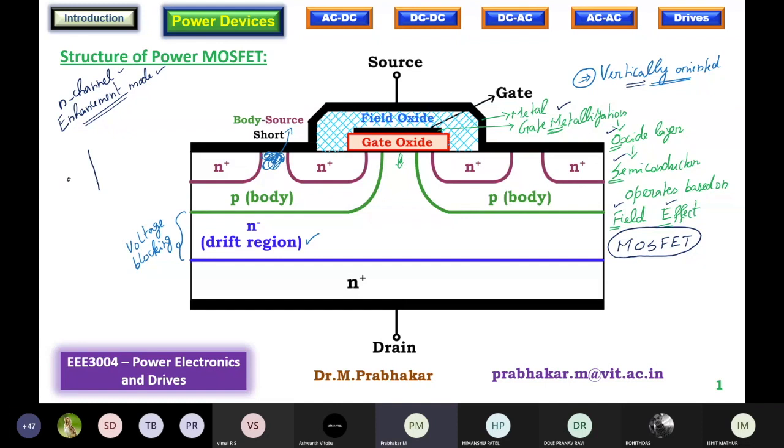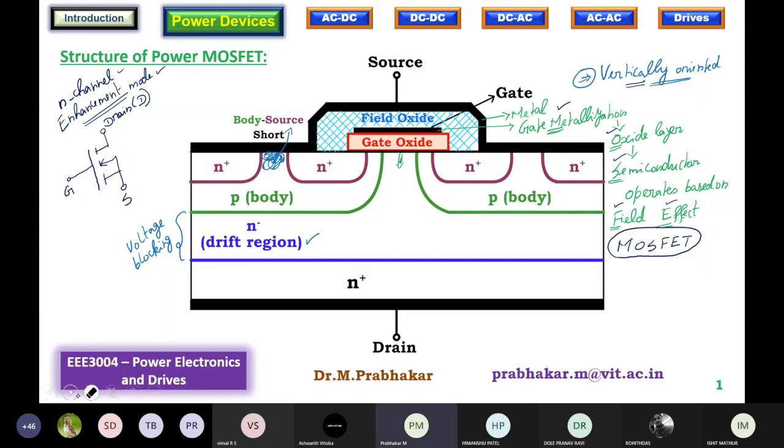And then you have this source. This is source terminal. This is drain terminal. Obviously, this one is the gate.